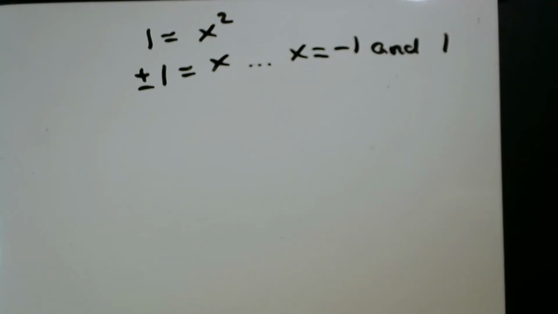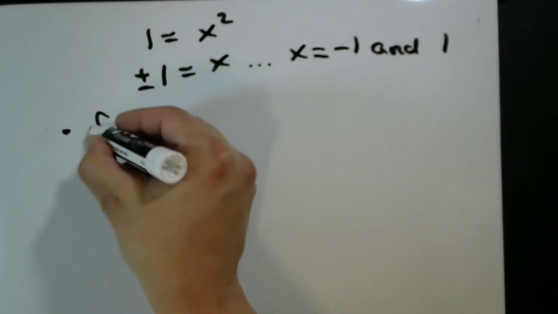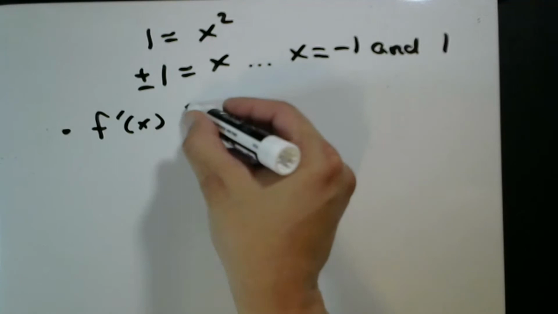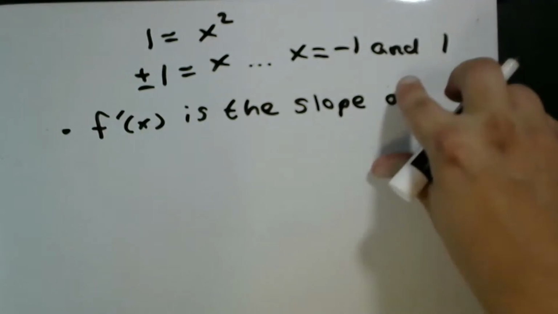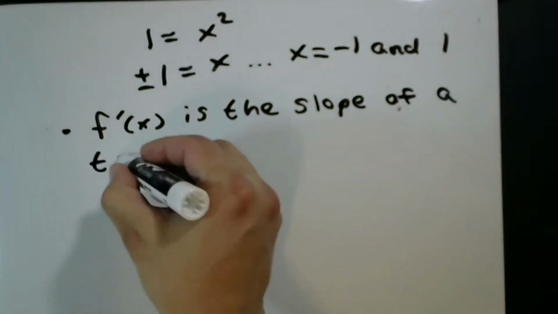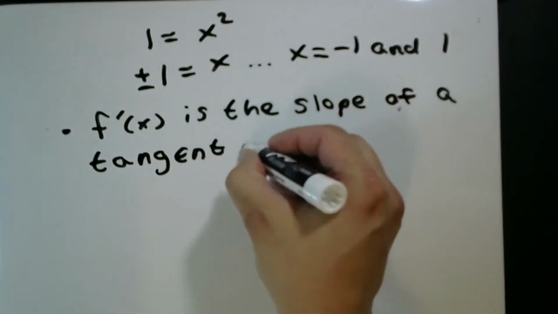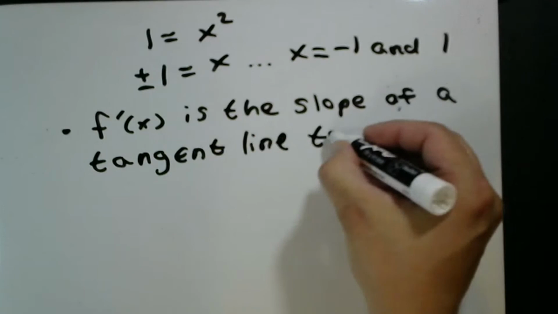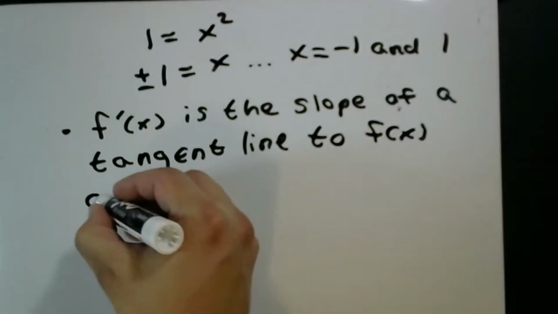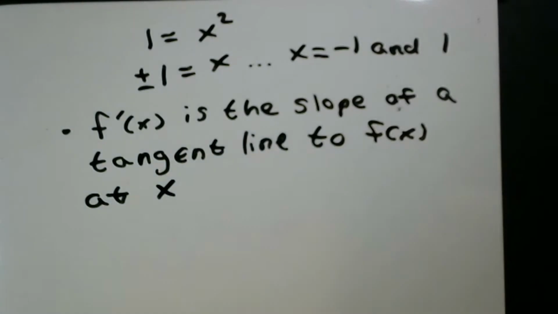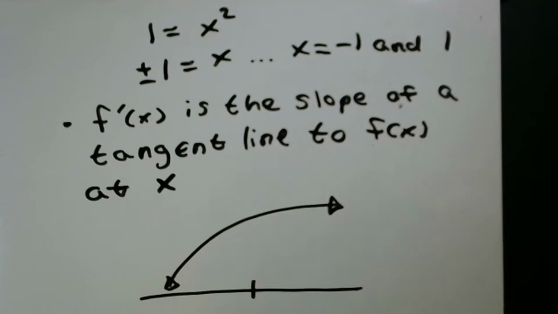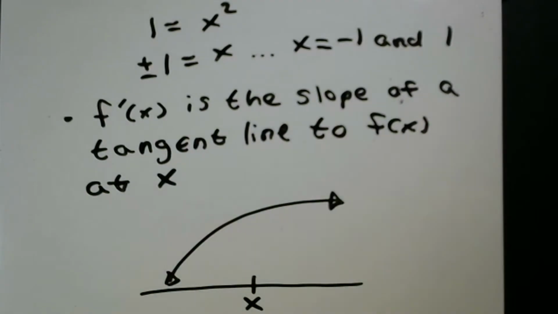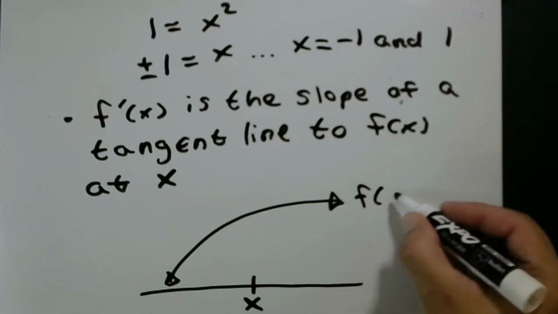So what do critical points mean? Well, recall that the derivative of a function is the slope of a tangent line to f of x at x. So here's our f of x.